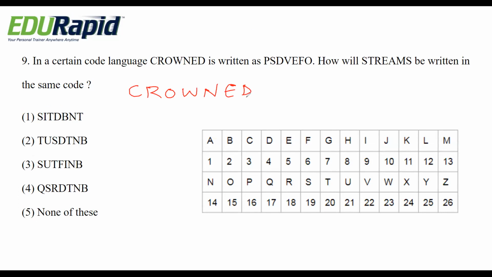For CROWNED, it is written as PSDVEFO. And for STREAMS, what is the code?